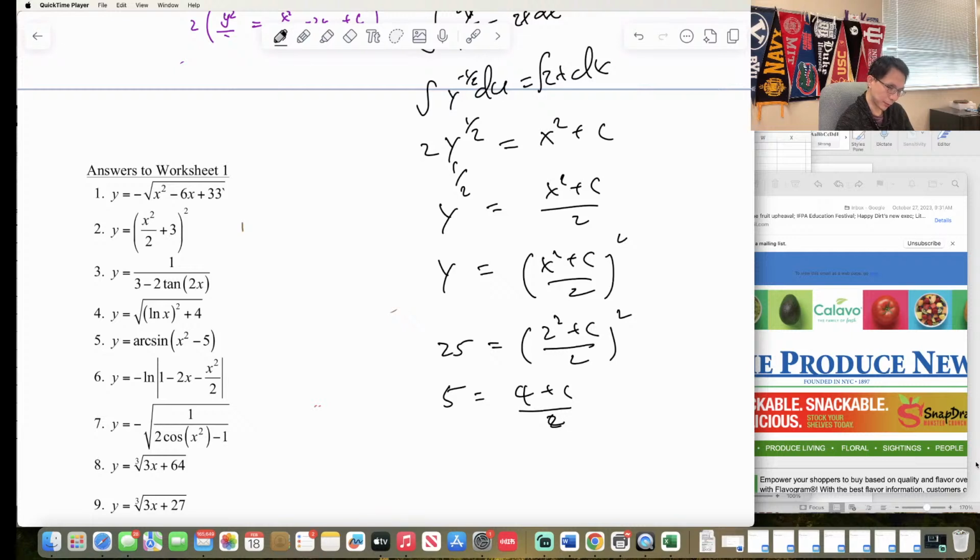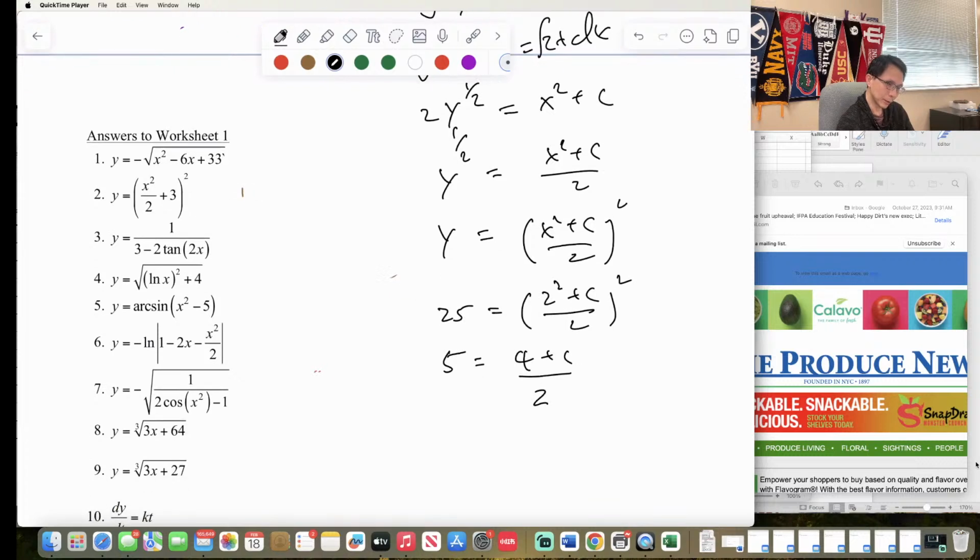Oh, this is 4. Wait, something's wrong. It's 2. So that's 10 equal to 4 plus c. C is equal to 6. Yeah, it is 3 if you divide it out. So that's going to be x squared plus 6 over 2, squared. Or x squared over 2 plus 3, squared. They're the same thing.